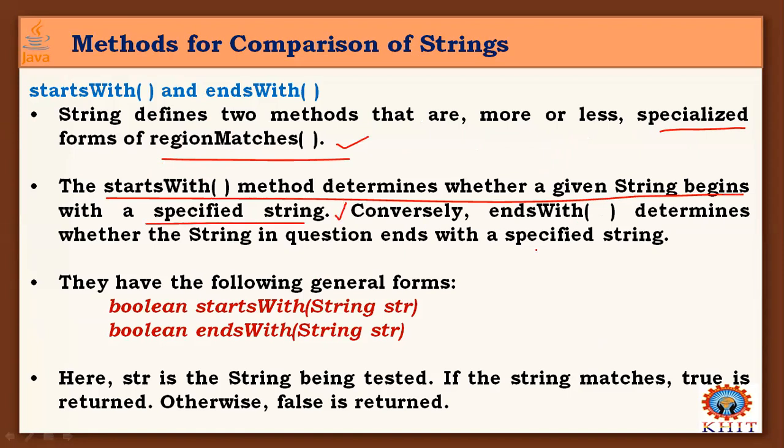Conversely, endsWith determines whether the string in question ends with that specified string or not. So it is also a comparison, but in a different way. We consider this a specialized form of the regionMatches method discussed in the previous slide. Both methods are of type Boolean, and they return a true or false value when we invoke them on string objects.